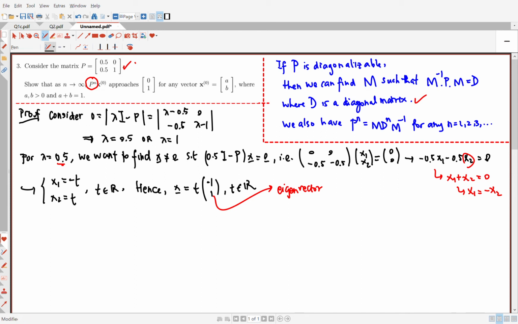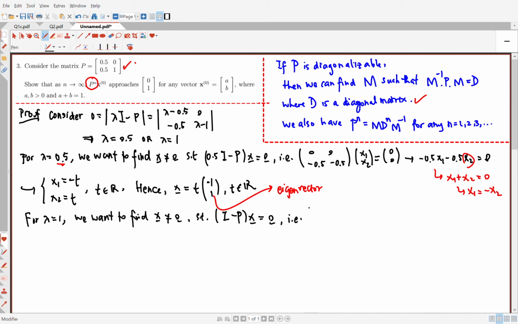Next, for lambda equal to 1, same thing. We want to find x that is not 0, such that I minus P times x is equal to 0.